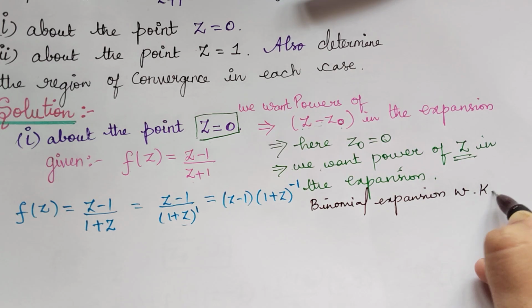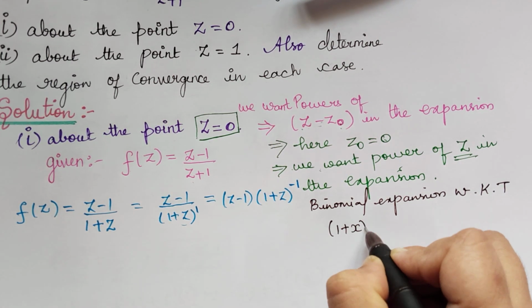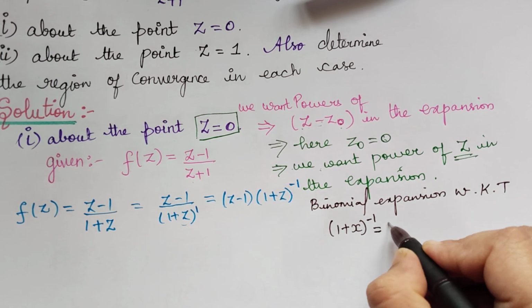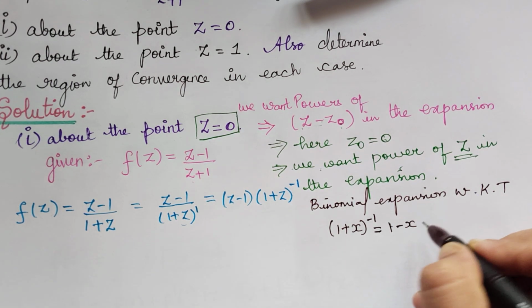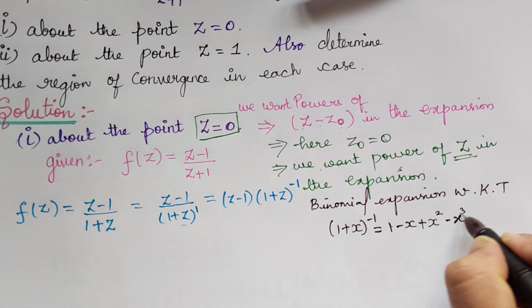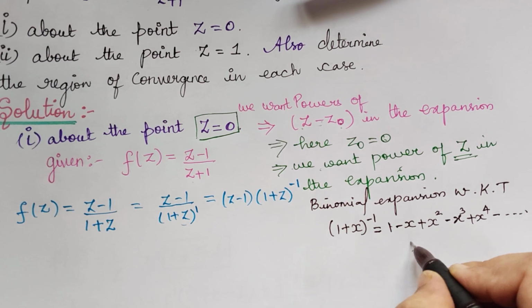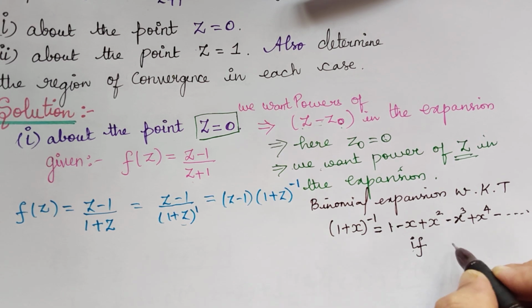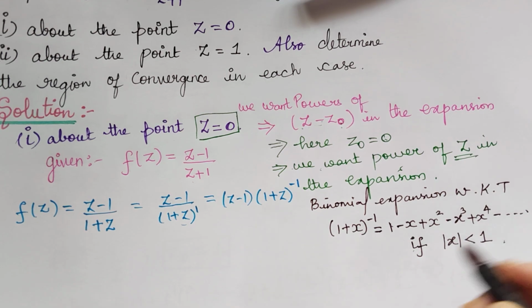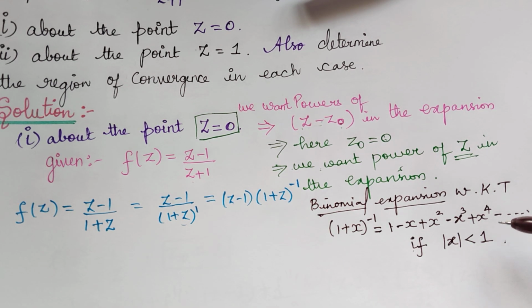From the binomial expansion, we know that 1 plus x raised to the power minus 1 is equal to 1 minus x plus x square minus x cube plus x power 4 minus etc. And this expansion is valid if modulus of x is lesser than 1. So this is from the binomial expansion which we have learnt in our previous classes.